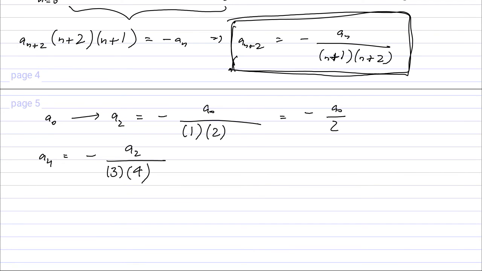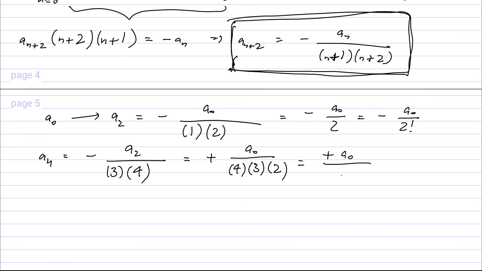And by substitution, because a2 is minus a0 over 2, this is equal to plus a0 over 4, 3, 2. So a pattern is emerging. So I might as well just write this as minus a0 over 2 factorial, and plus a0 over 4 factorial.